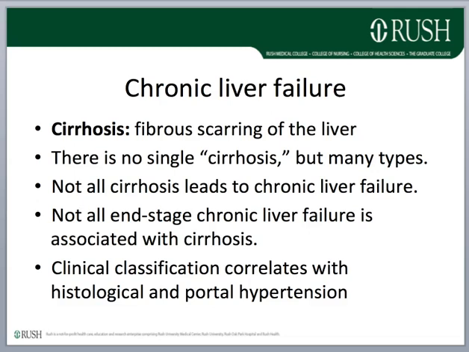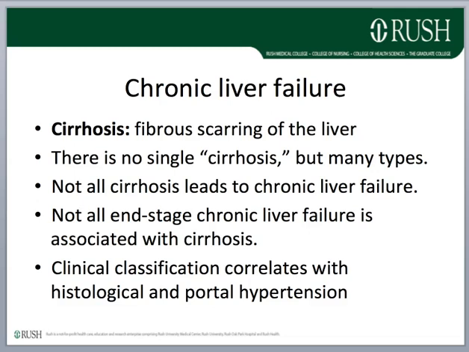A couple other caveats are that not all cirrhosis leads to chronic liver failure, and I'll mention that a little bit later again, because usually in cirrhosis there's also evidence of regeneration, and sometimes cirrhosis can even regress.